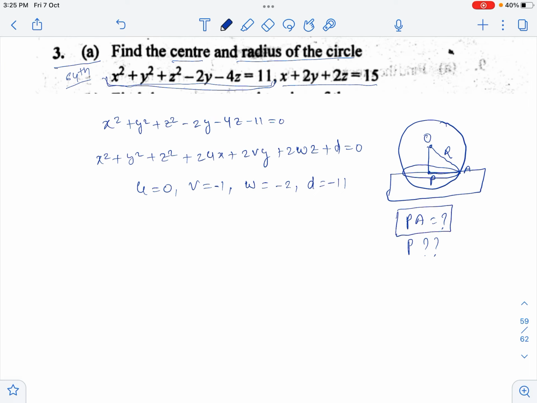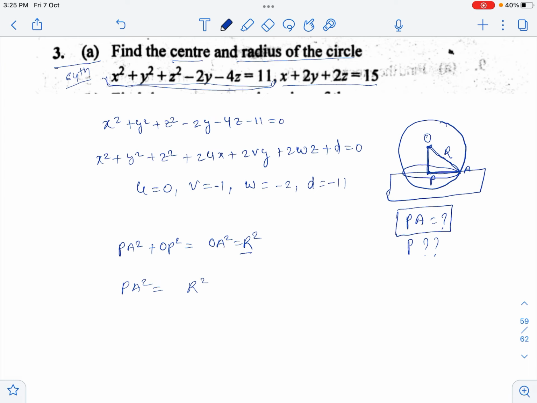let us discuss first this PA. PA is equal to, by Pythagoras theorem, PA, this is the perpendicular from O to this plane, and this is the radius of the sphere. So PA square plus OP square is equal to OA square, that is R square, the radius of the given sphere.